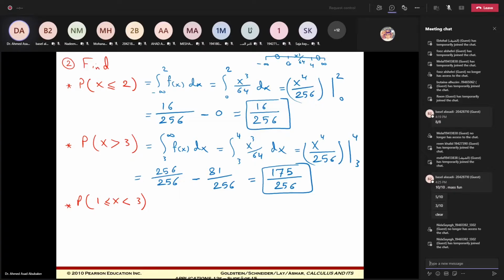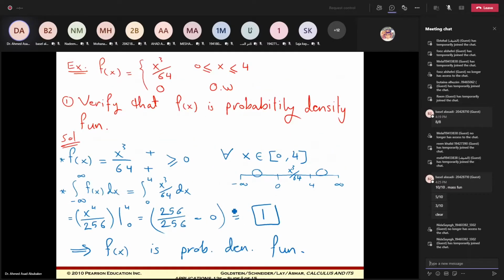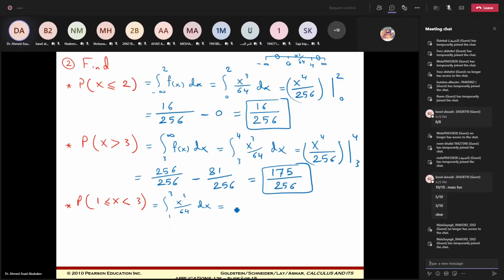We need to find the probability between two values, 1 and 3. This is very easy. This is directly the integral from 1 to 3 for x to the power 3 over 64. This equals x to the power 4 over 256.